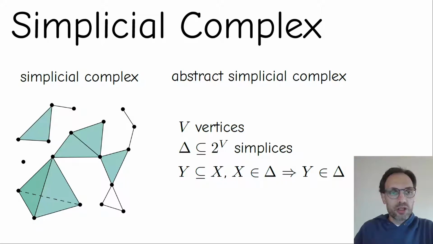Here, for instance, we have this triangle, and that means all the edges must be edges, and all the vertices and the empty set are also edges. Those stand in one-to-one correspondence. There is only a formal difference, but really they're the same thing.